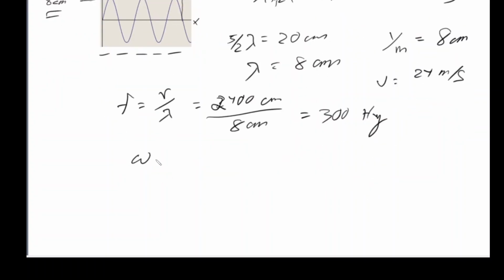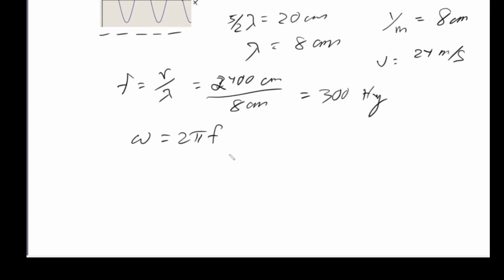And then our angular frequency is equal to 2 pi times frequency, which in this case comes out to be 1884 radians per second. And our wave number k is equal to 2 pi over lambda, which is equal to 0.8 per centimeter.